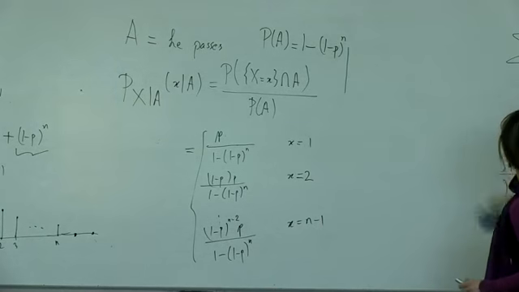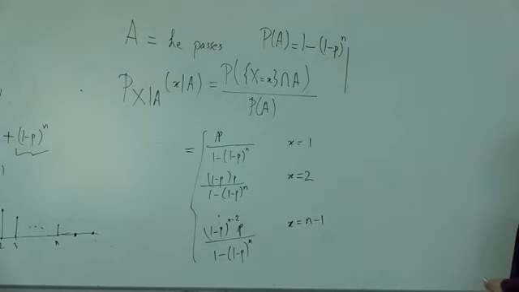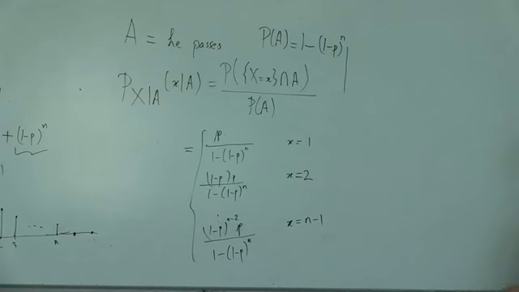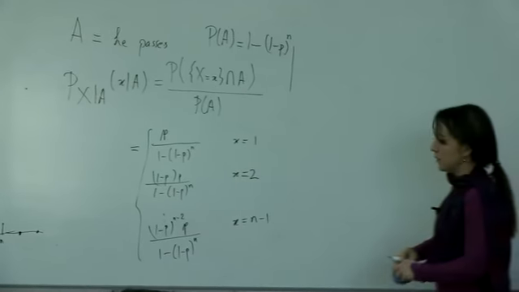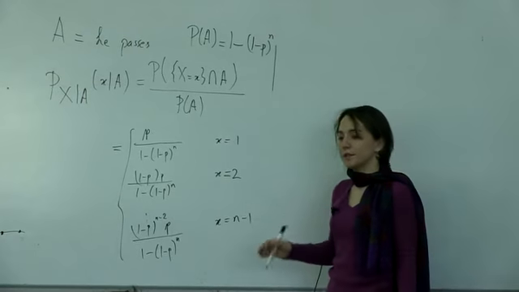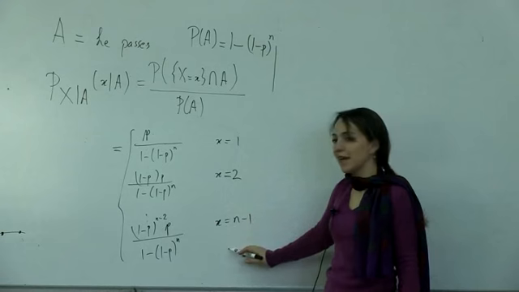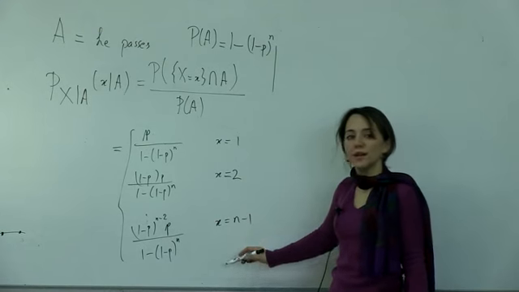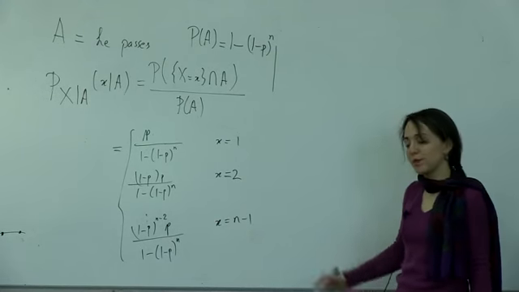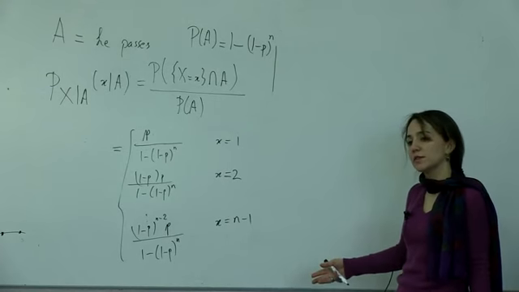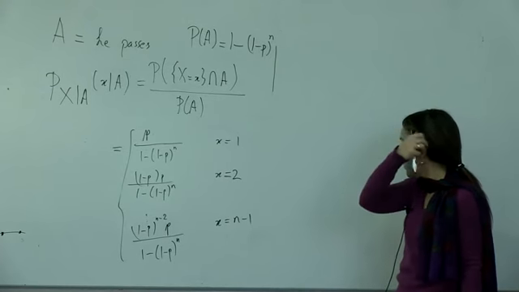Now what happens to the last probability mass? The first n minus 1 probability masses have been scaled up by the same coefficient, that is, by the same factor.